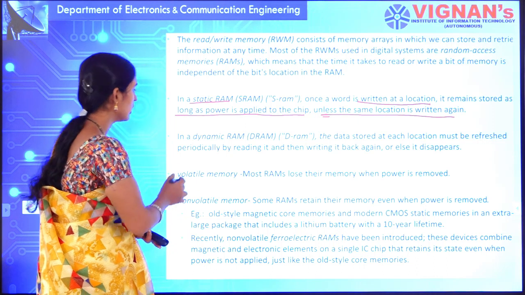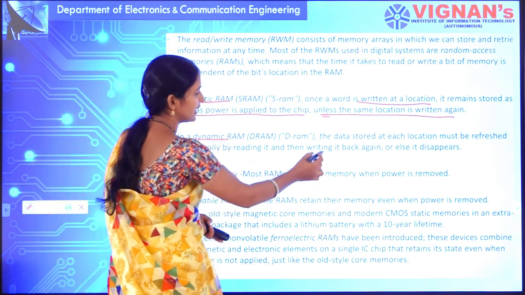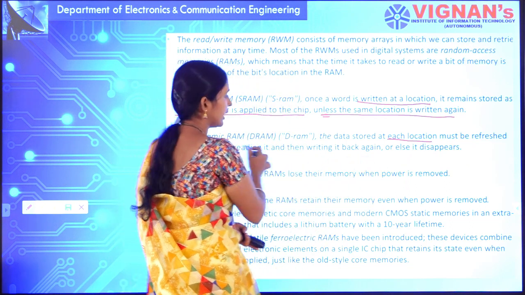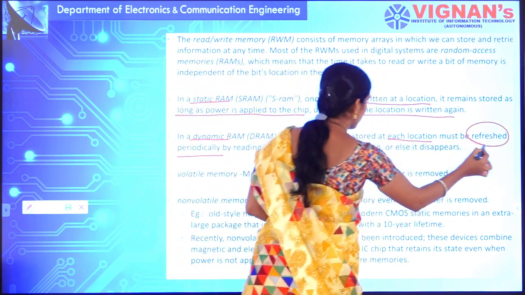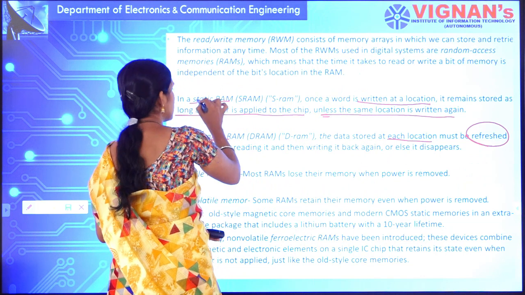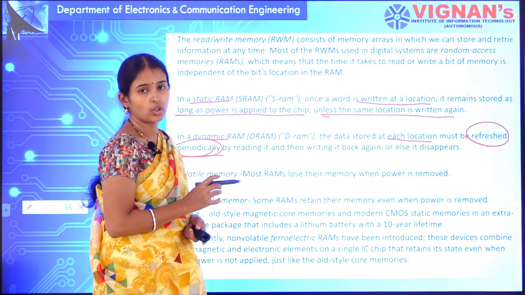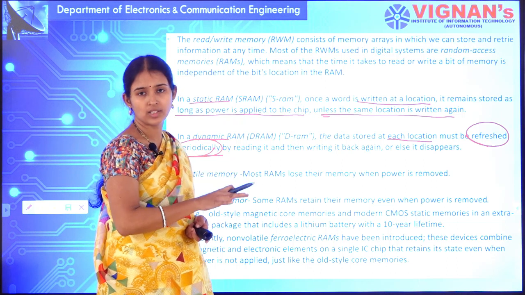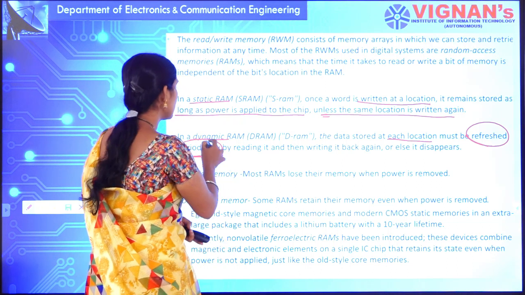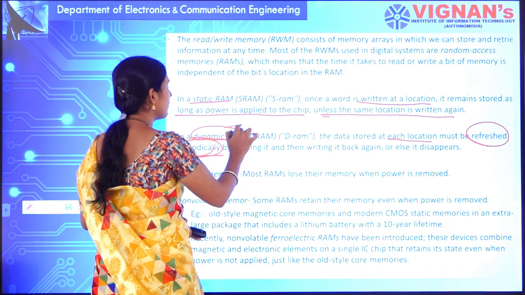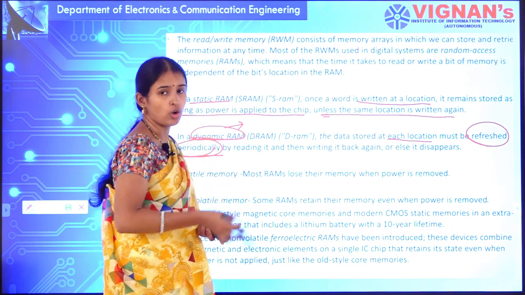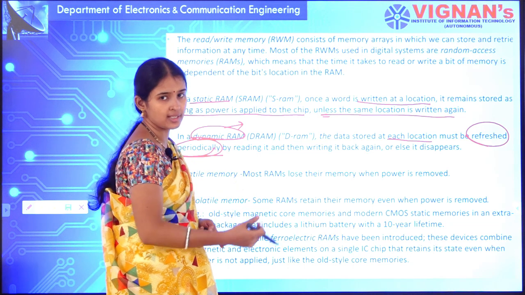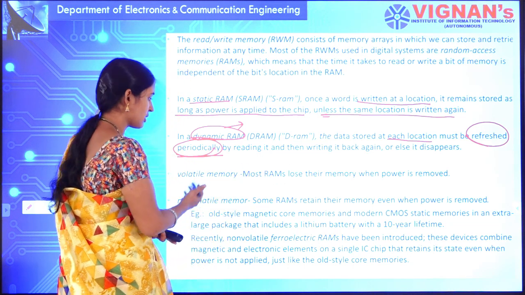Whereas in dynamic RAM, the data stored in each location must be refreshed periodically. These are some of the differences between SRAM and DRAM. In SRAM, if power is removed, whatever data is stored will be erased. But in dynamic RAM, you need a refresh cycle in order to store that data, refreshing every 10 milliseconds or 20 milliseconds, like that.